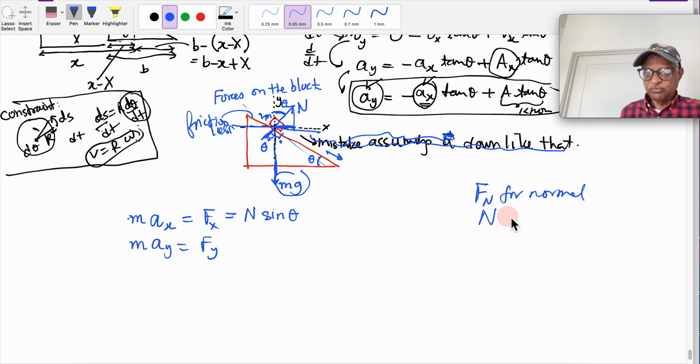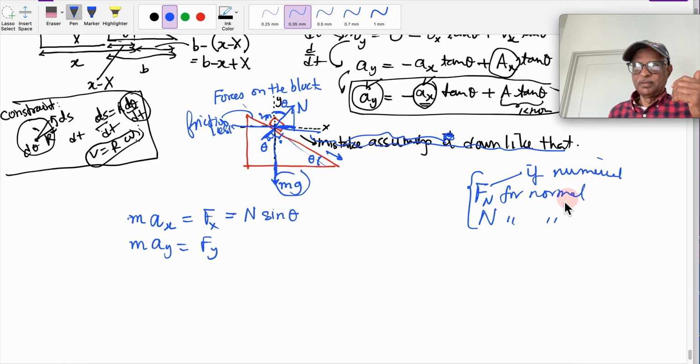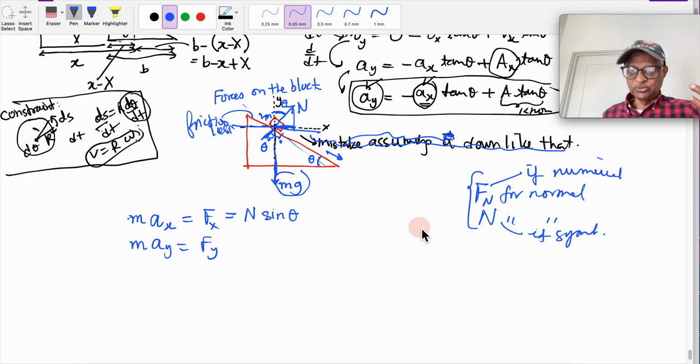You can always use n for normal, but if you're using numerical values, then n is also for Newton and can be very confusing. If all you're doing is symbolic, then it's better to use n, because it saves time and there's no scope for confusion. So that's n sine theta, and this one is going to be n cosine theta minus mg.